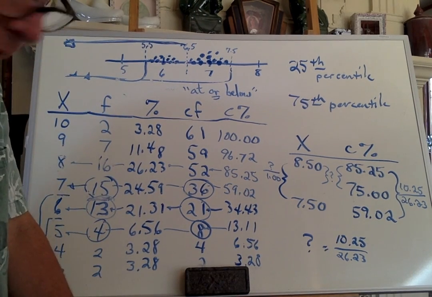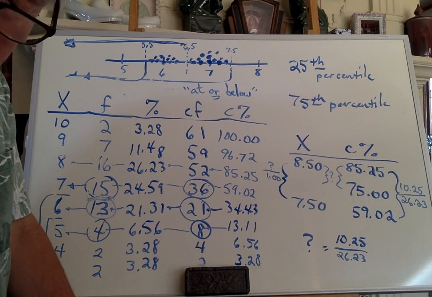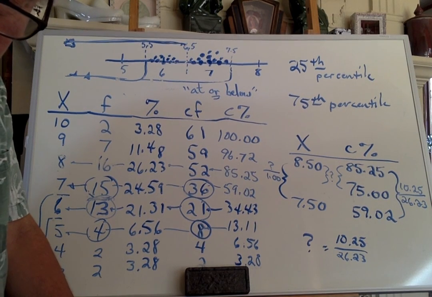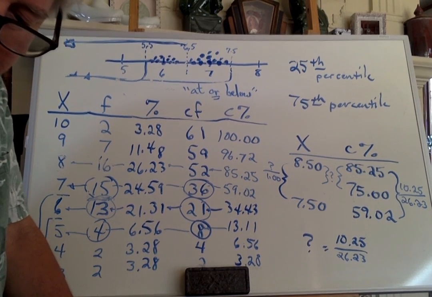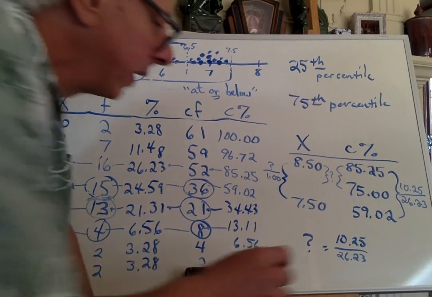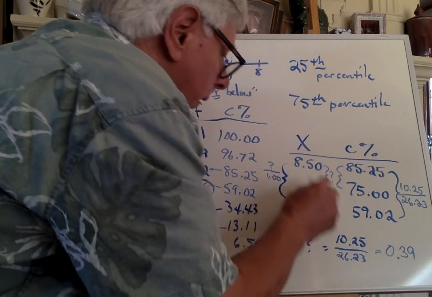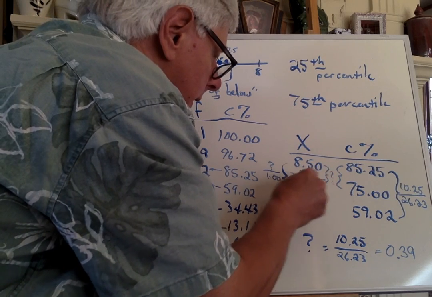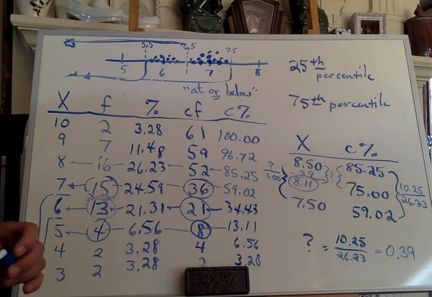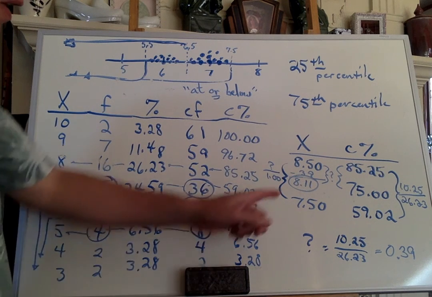Okay. 10.25 divided by 26.23 is 0.39. That's what we're going to subtract here. The answer, 8.11. Okay. That's our 75th percentile, 8.11.